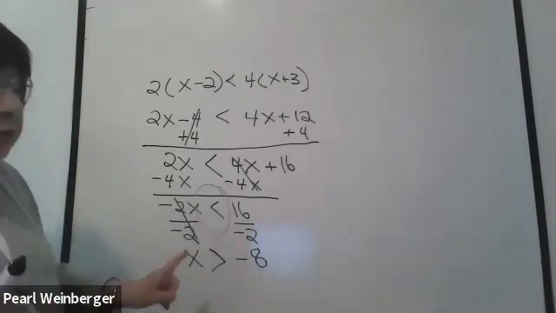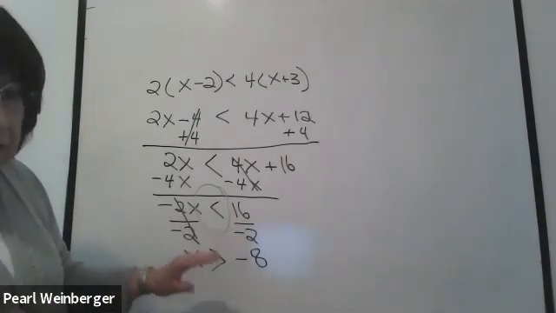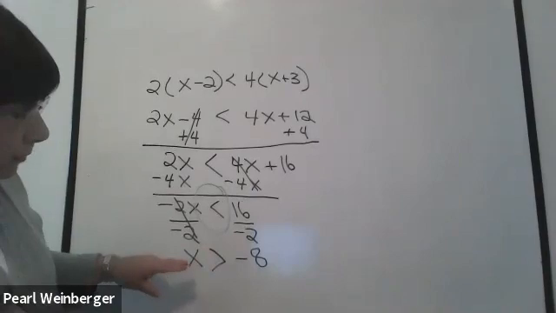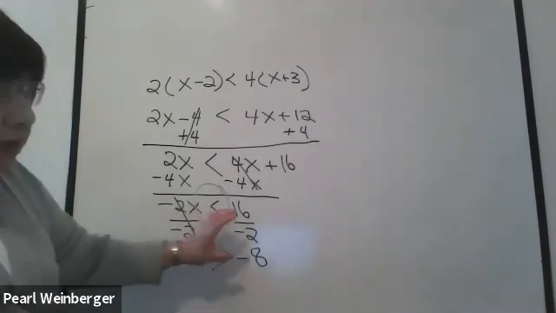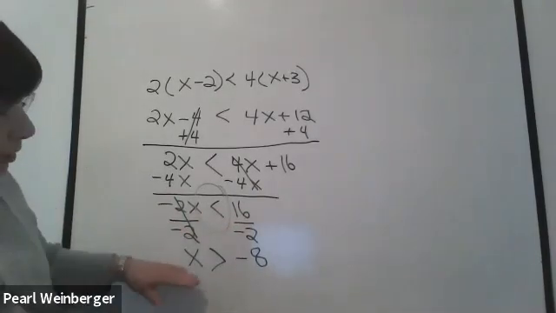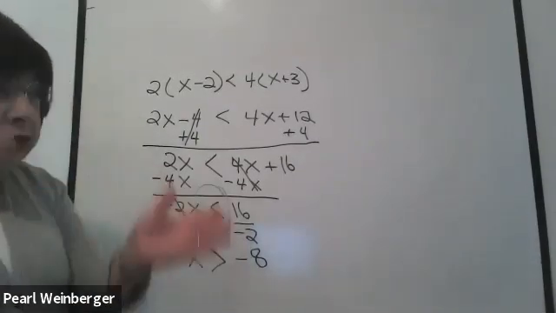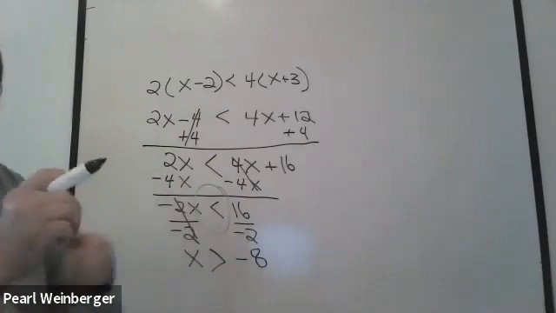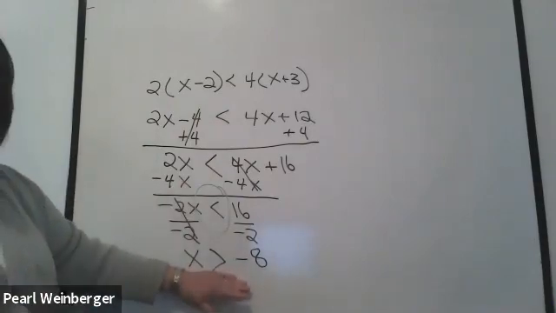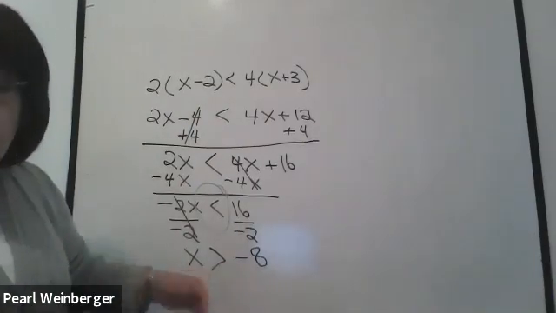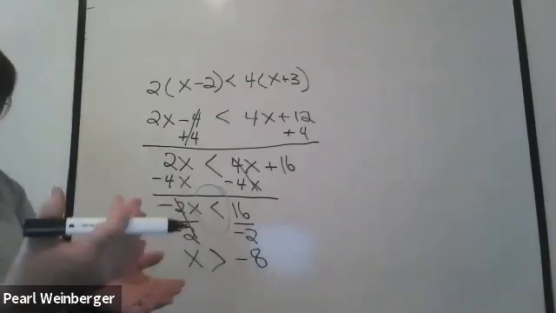Now, when it comes to Delta Math on this, I saw some people had problems. When you put in an answer in Delta Math for an equation where it's just a number, you just put in the number. But an inequality is not just a number. It's also a direction. It's not just the negative 8 that counts.